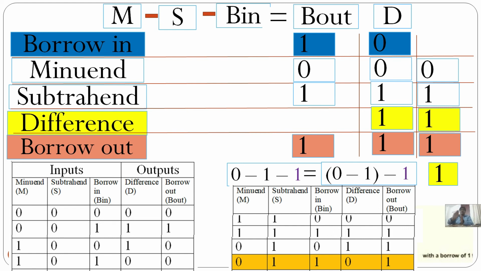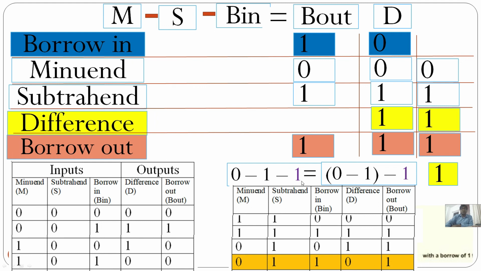So we have to find the difference in this way. 0 minus 1, the intermediate difference is 1 with borrow 1, and 1 minus 1. So the difference is 0. So in this case, the minuend is 0, subtrahend is 1, borrow in is 1, and the difference is 0.